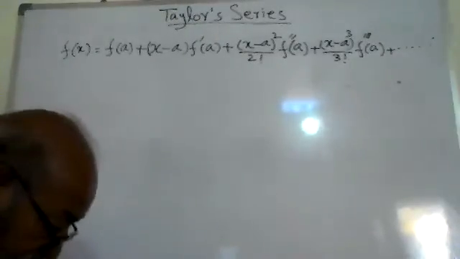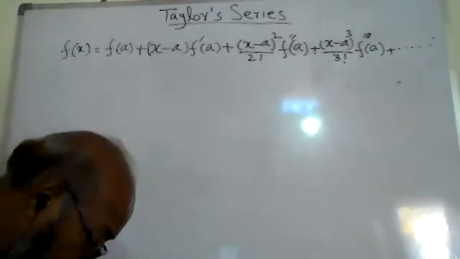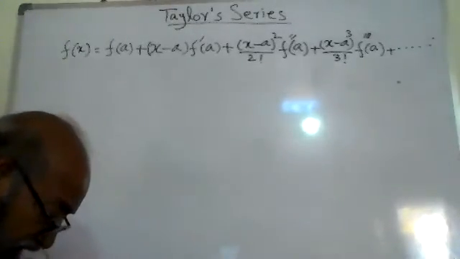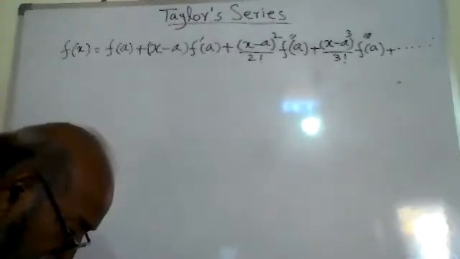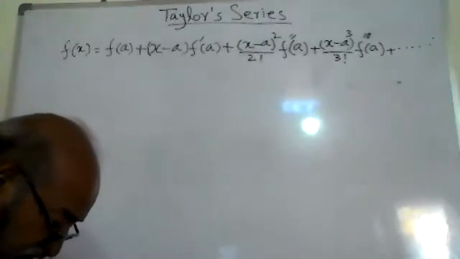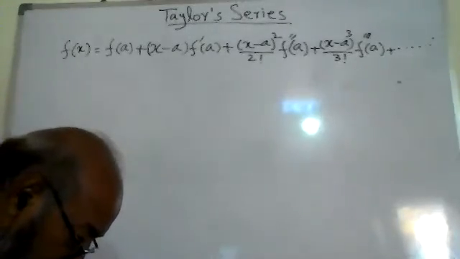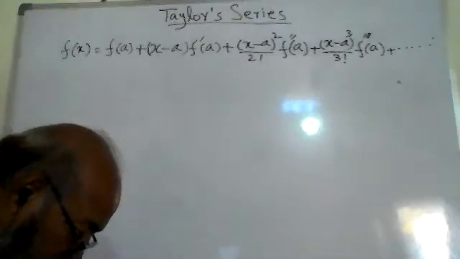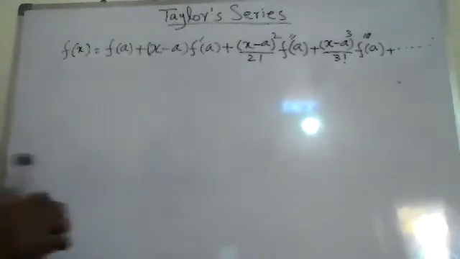Now we will do exercise 11.8, question number 1. In exercises 1 to 8, find the Taylor polynomials of order 0, 1, 2, and 3 generated by f at a. So the value of a will be given, and f is given.